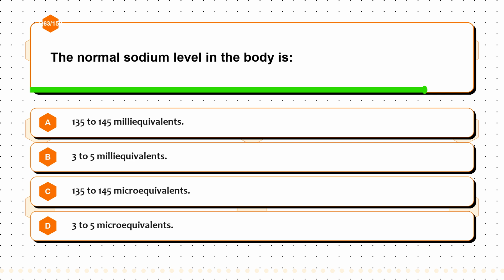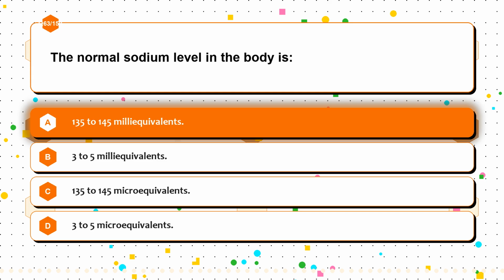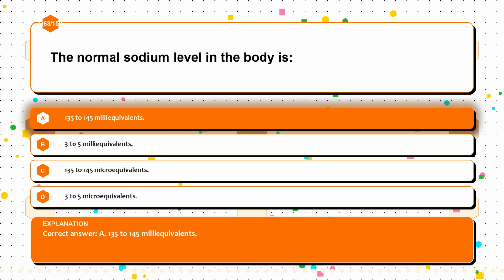Option D. 3 to 5 microequivalents. The correct answer is option A. 135 to 145 milliequivalents. Correct answer A. 135 to 145 milliequivalents.